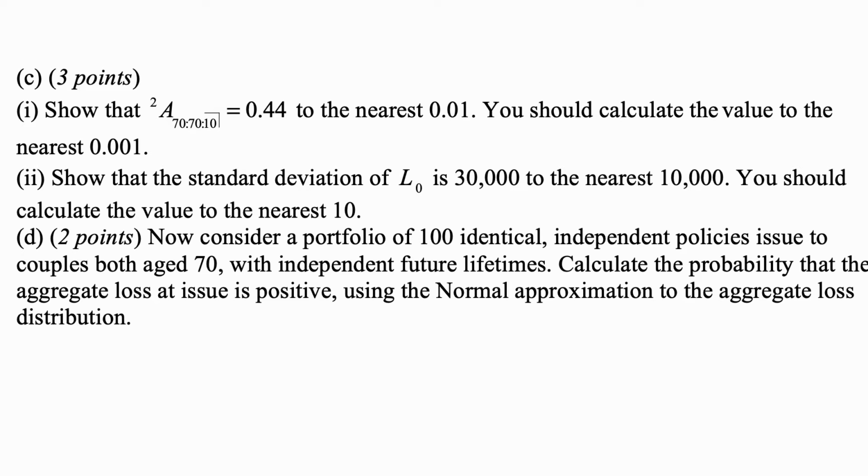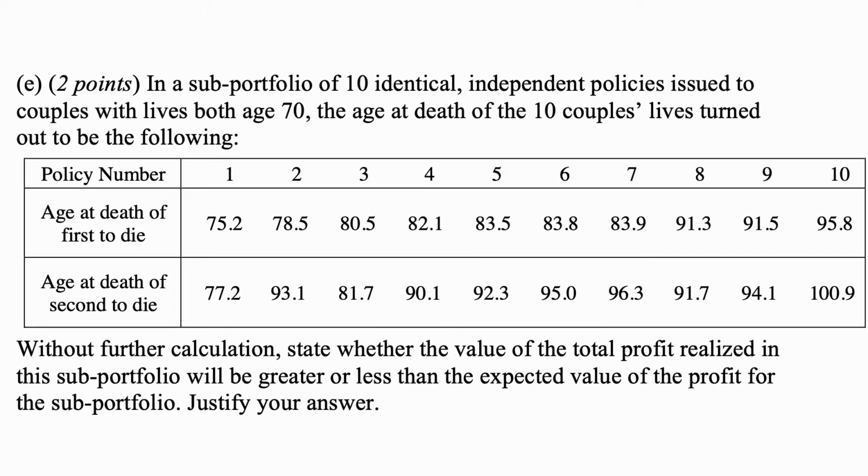D. Now consider a portfolio of 100 identical independent policies issued to couples both age 70 with independent future lifetimes. Calculate the probability that the aggregate loss at issue is positive using the normal approximation to the aggregate loss distribution. E. In a sub-portfolio of 10 identical independent policies issued to couples with lives both age 70, the ages at death of the 10 couples' lives turned out to be the following.